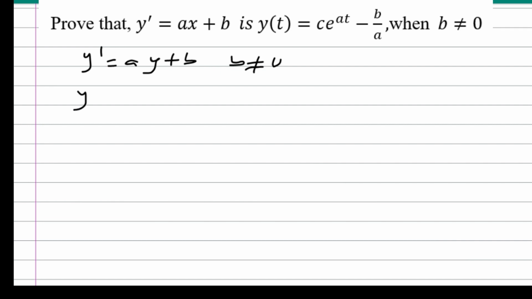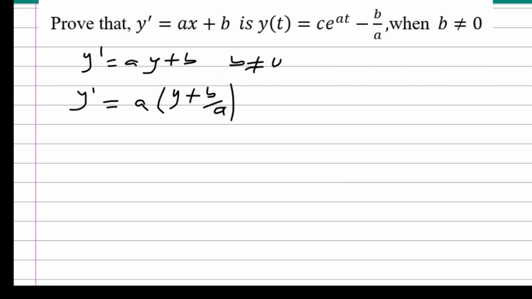So I have y prime equal to a, I'm factorizing it out, and since I'm factorizing it out, I will have b over a, such that when I send the a back inside, the a is going to cancel the a with the b, and I'll get only what? b.